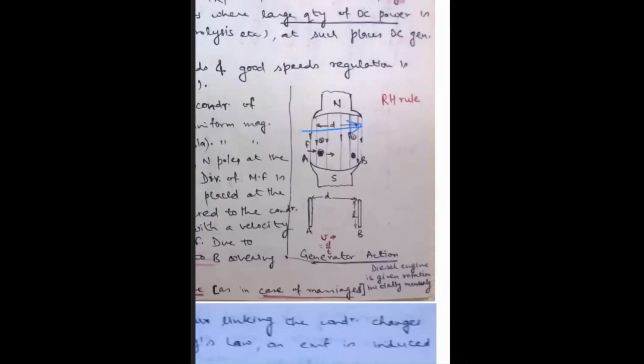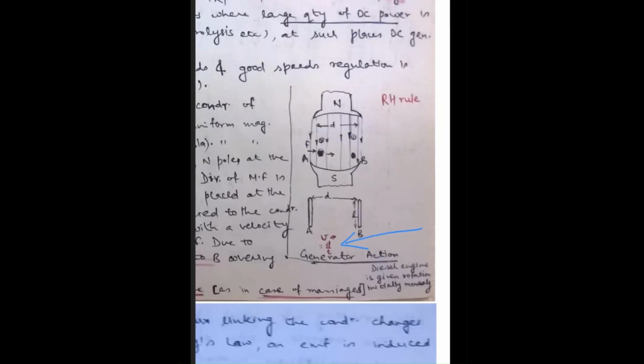And suppose that the distance which it will cover is D. Okay, D distance, or you can say D diameter as well, if it is traveling from LHS to RHS. So the distance traveled will be D, and say the time taken is T. So the velocity which is imparted is V is equal to D by T.